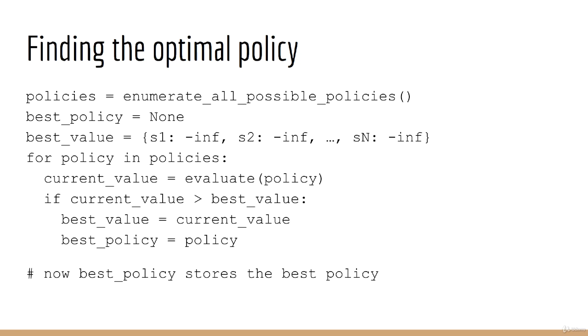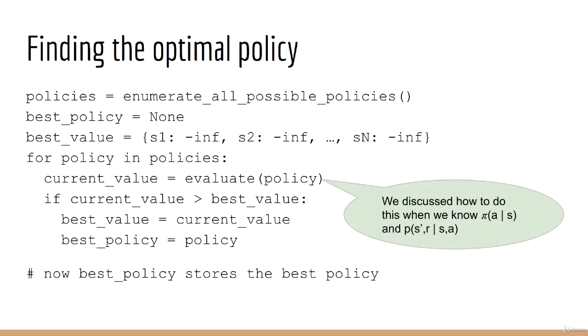In the next lecture, we'll discuss these two functions here in greater detail. You may have noticed that we don't yet really know how to implement them. What I would like you to know now is this. First, the evaluate function, finding v of s given a policy, is not all that hard. In fact, we already discussed how we would do this if you knew both the policy distribution and the environment dynamics. It becomes a simple system of linear equations.